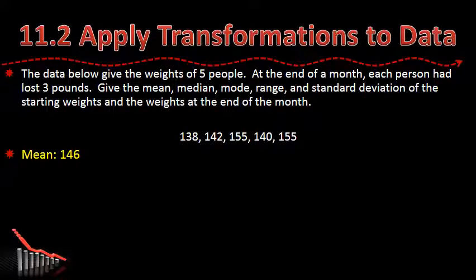You could also, just like yesterday, put those all into your calculator and have it give you the mean. To find the median, we'd have to put these numbers in order. So let's put the numbers in order.